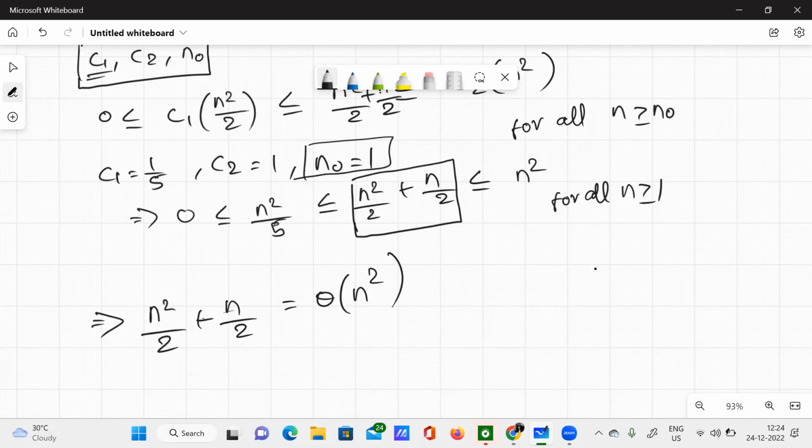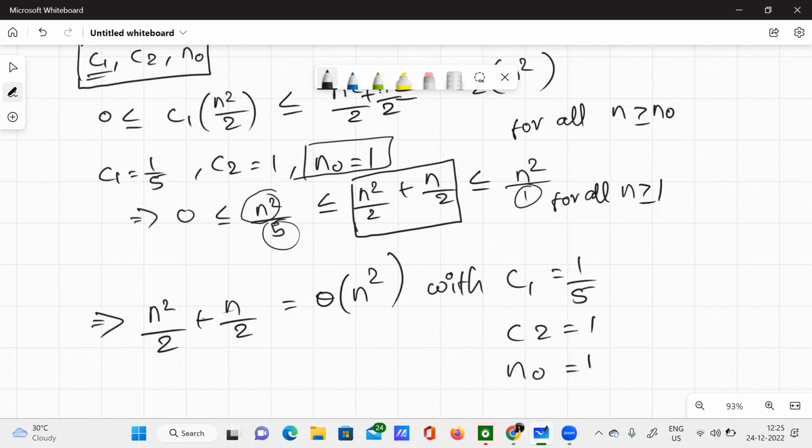So theta of n square. See here, we just need to pick this notation n square. We will forget about the constant terms, that is 5 and here 1. We ignore that. So this is possible with the constant values c1 equal to 1 by 5, c2 equal to 1, and n0 is equal to 1.